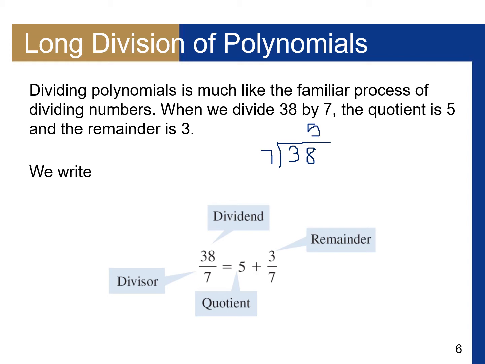And then I multiply these two and I will get 35. After I multiply, I subtract, and I'm really emphasizing here because when we come up to this next part, we'll be doing the same thing. I'm going to subtract 38 minus 35 and get 3.